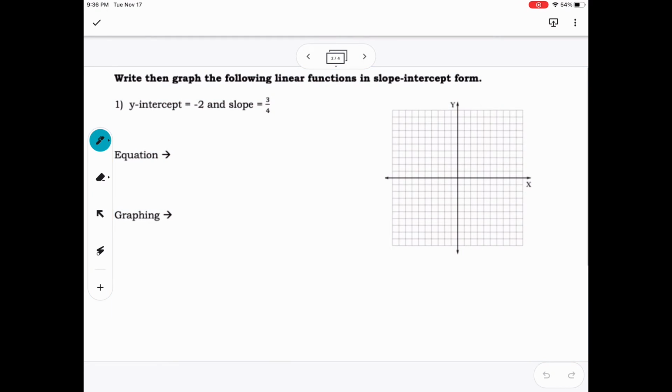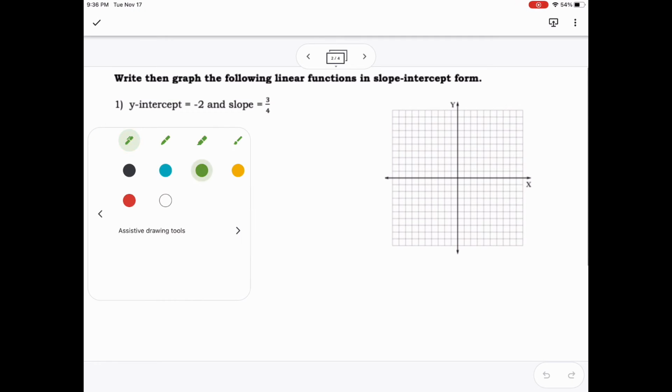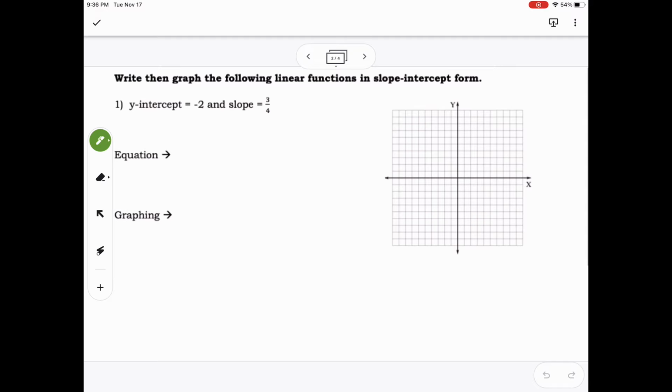Okay, so first our problems here. I'm giving you the y-intercept and the slope without the equation, but first we want to be able to put it into our equation. Because your equation is in the form y equals mx plus b, this slope value of 3/4 is representing our m. So I'm going to plug that in.